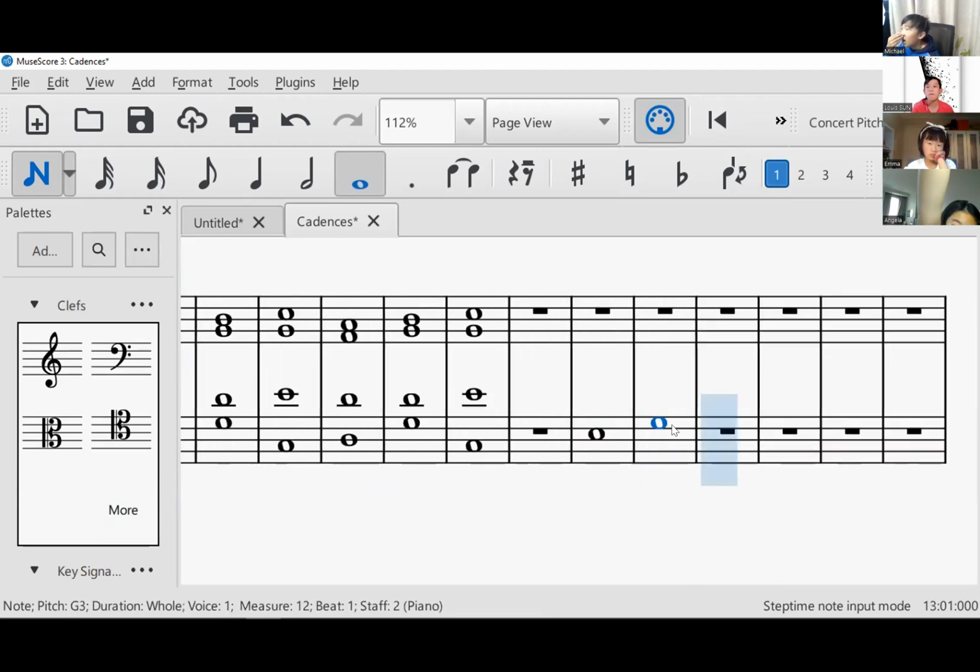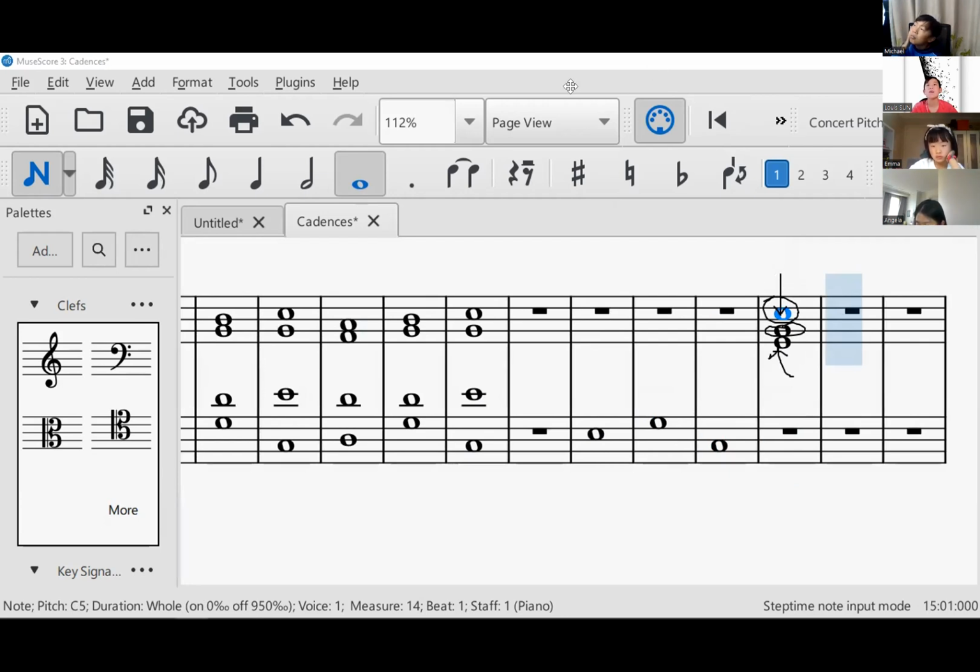For example, 1B-5-1. Recall that in first inversion chords, you usually double the third or the sixth. So first inversion in C major, like that, you double either this note or this note, but not this note. Most commonly, the sixth.